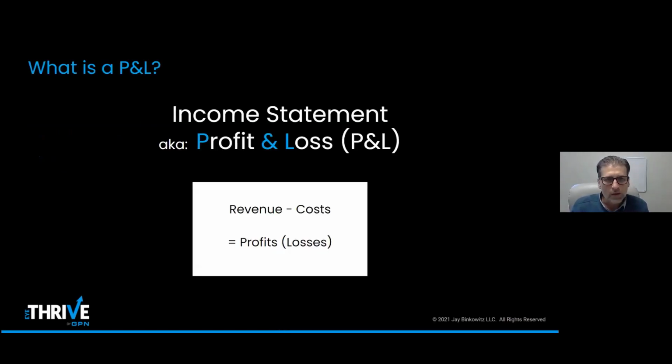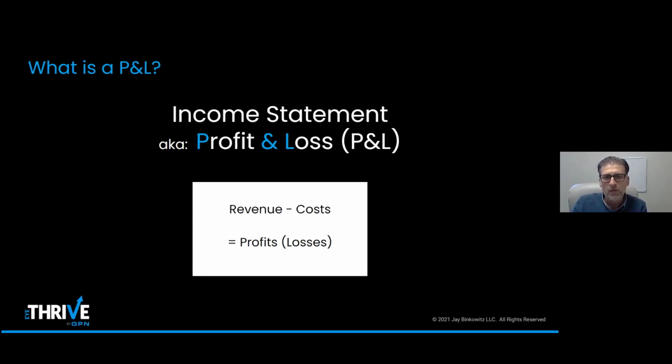So let's start with, what is a profit and loss statement? You may have also heard this called an income statement, and it's a really simple report that you can generate out of your financial software. It essentially says we have revenue or income that comes into the business, and in order to generate that revenue, we've had to incur some expenses.